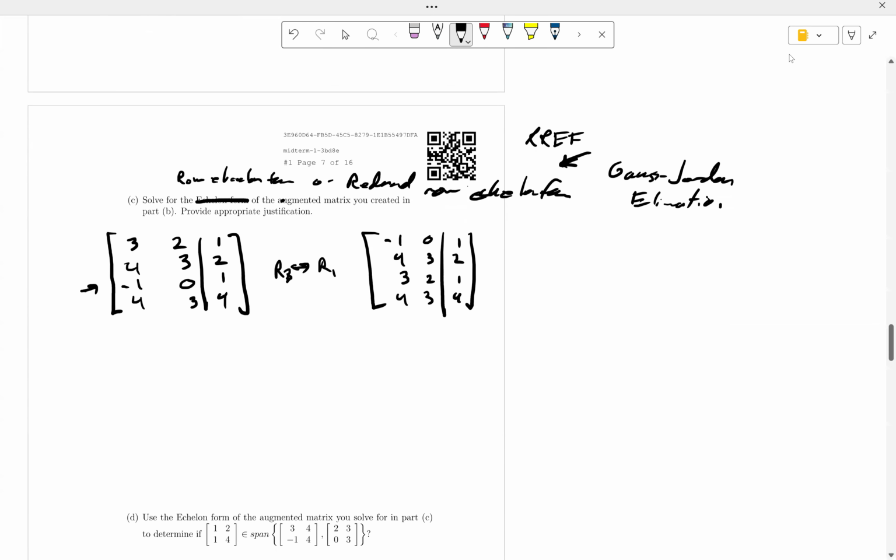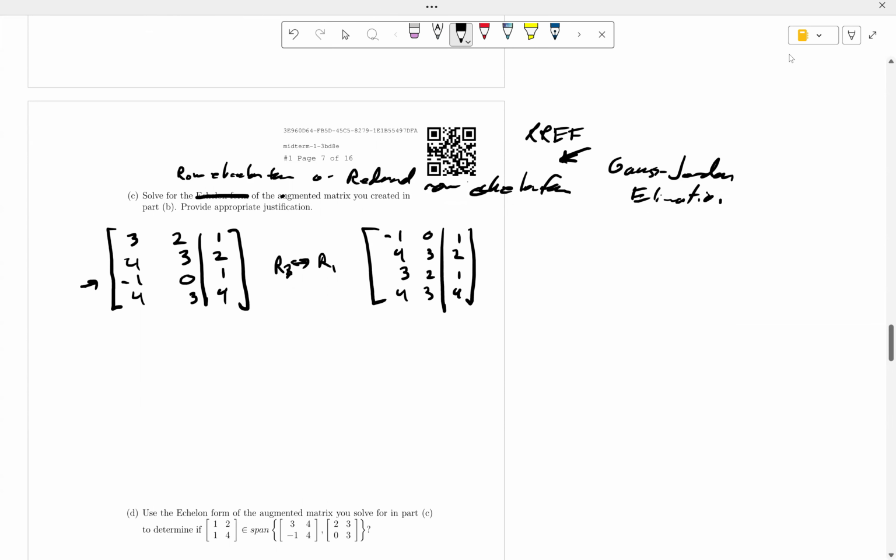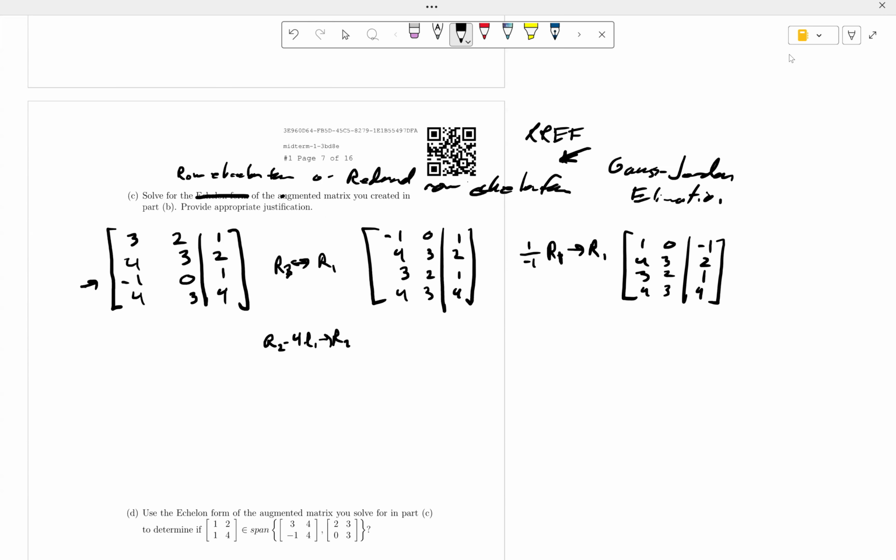Then I'm going to do 1 over -1 times R1, replacing R1, to give me 1, 0, -1, 4, 3, 2, 3, 2, 1, 4, 3, 4. R2 minus 4 R1 replaces R2.